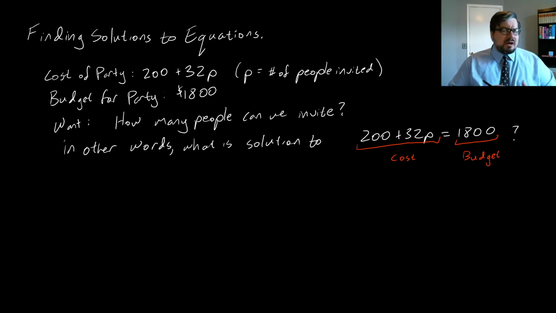Now, this process isn't very good for a couple of reasons. First of all, it's time-consuming. You've got to guess and check a whole bunch of different possible values for p. Most of them won't work. And second, this won't give you the answer for equations where the value of the variable happens to be a fraction or something else that's not a whole number.